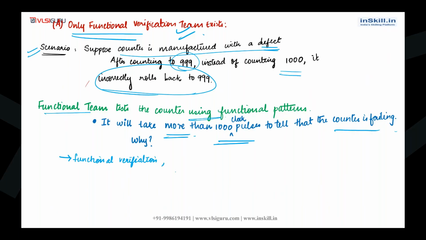They check the functionality, that is, they check if the counter counts from 0 to 1023 in this case. In my example, I have considered a 10-bit counter, right?